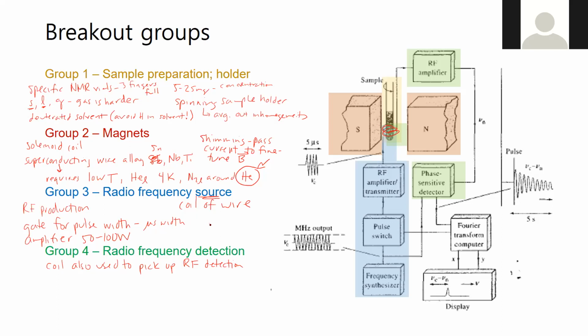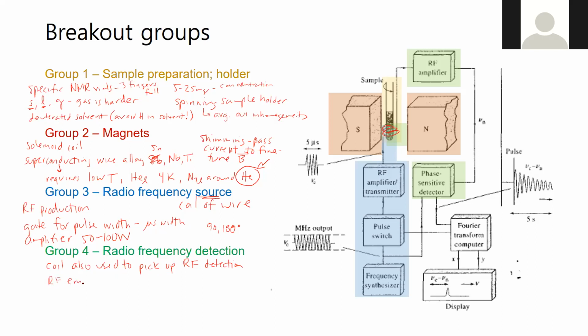The idea now to detect the signal is that we turn off that pulse, and then as the spin is going back to its original position under B0, it emits another RF. There's another energy coming out at a different frequency than the transmitted. For sure, it's lower.